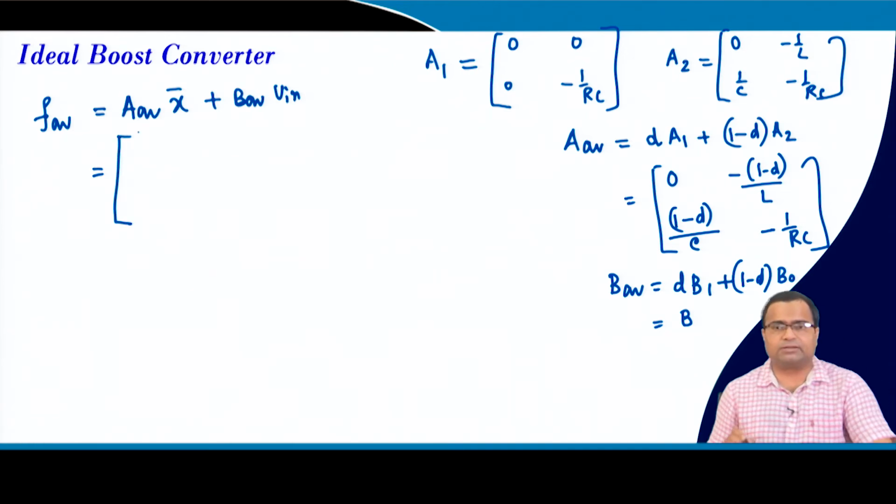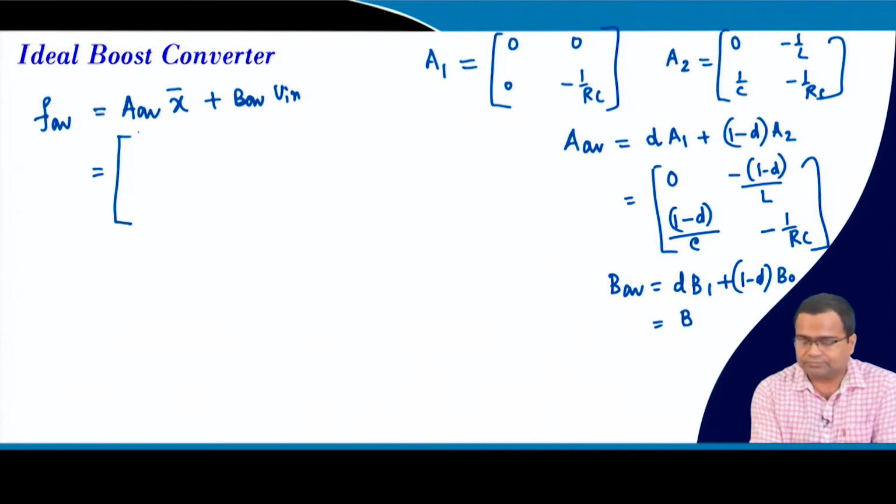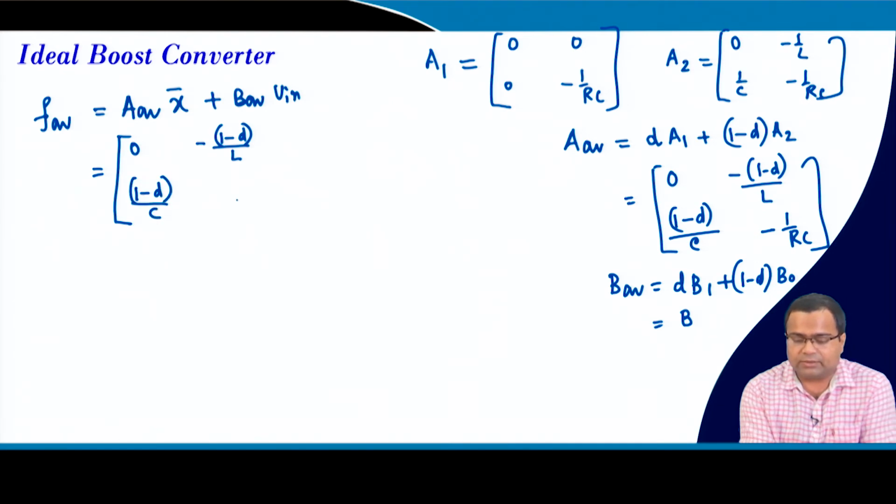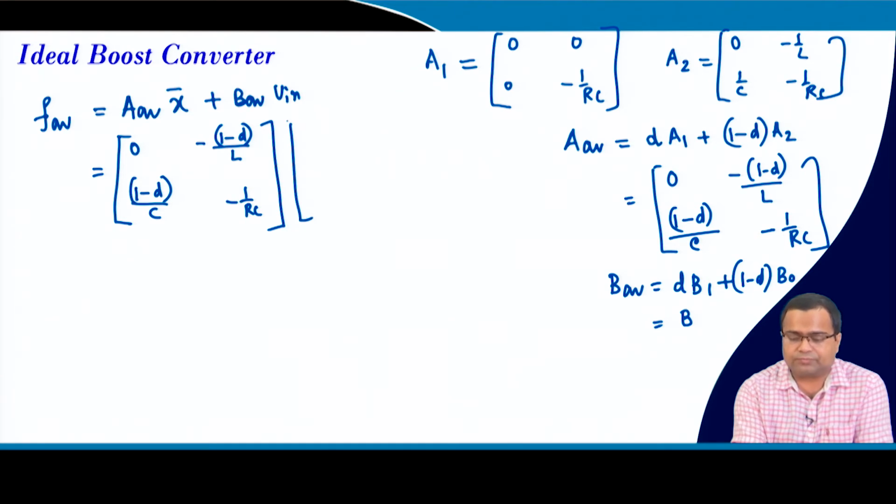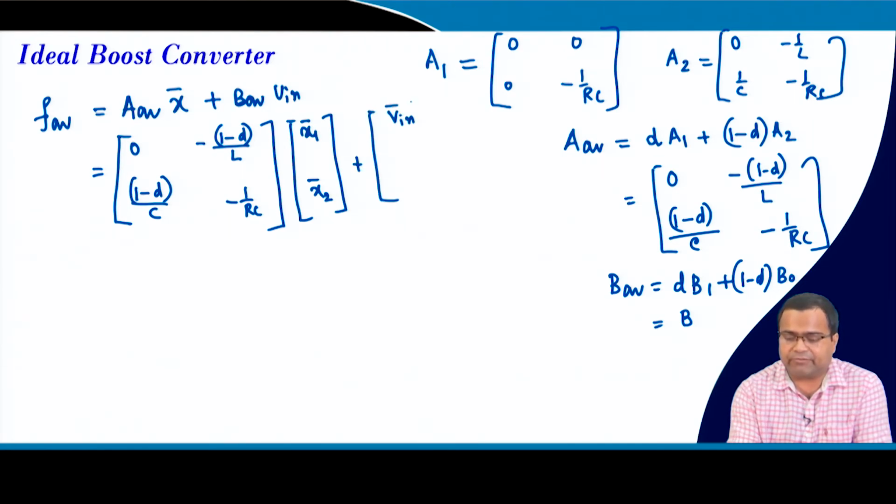If we consider this, 0, (1 minus D) by L, (1 minus D) by C, 1 by RC into X1, X2, plus V in average by L, 0.